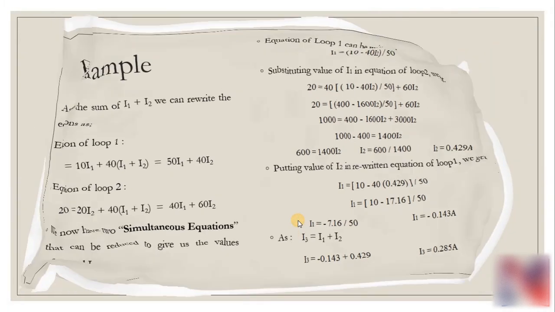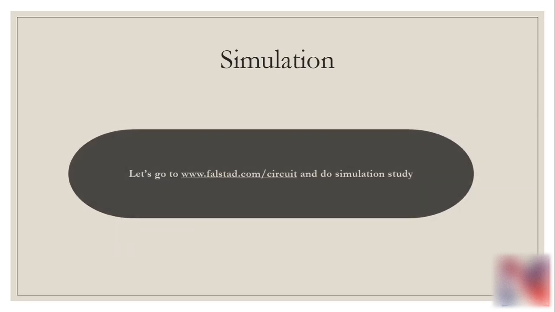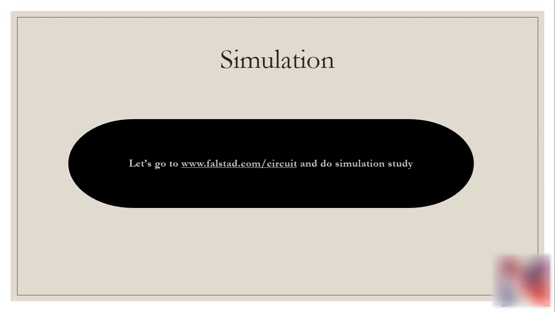So this is how we can calculate the voltages. As we are done with the calculations, now let's proceed to our simulator. So we'll go to www.falstad.com/circuit and implement this circuit to view the simulations, whether they comply with the calculations or not.